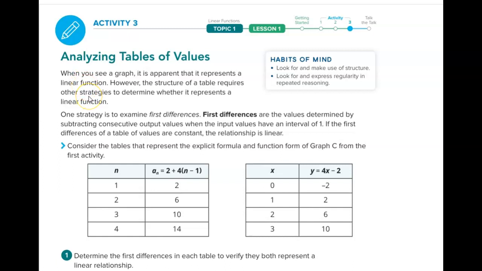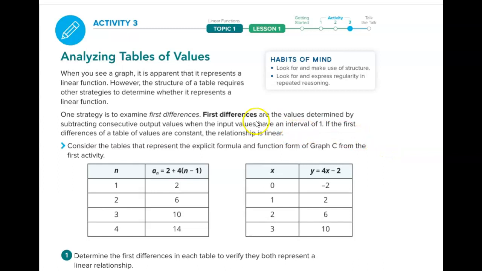Another thing you're going to be practicing is identifying the slope of a linear relationship, and you're also going to be writing linear equations both in point slope form and slope intercept form, two forms that you'll be thinking about later in this tutorial.